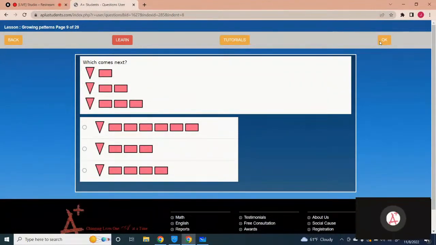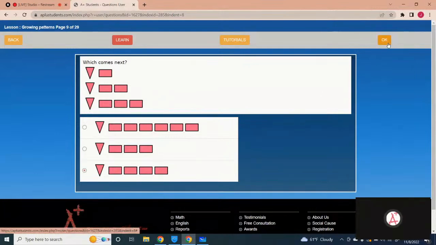Okay, which comes next? So which is the correct option? One, two or three? It is option number three. Got it?